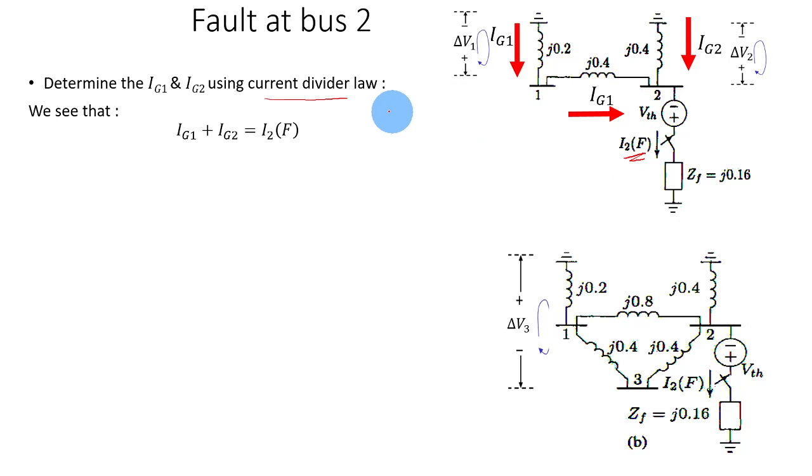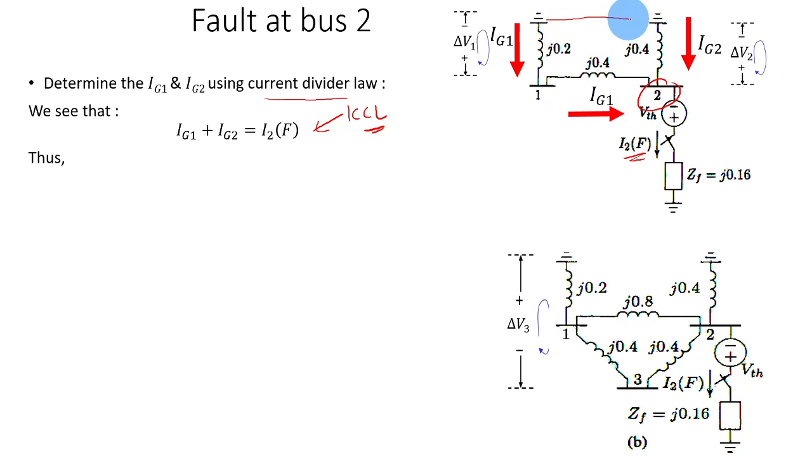The fault current that flows out from bus number 2 is equal to these two currents going into this junction, right? So this is basic KCL at bus number 2, or node number 2. You can say node or bus, it doesn't matter. Then you can see that these two branches are in parallel.